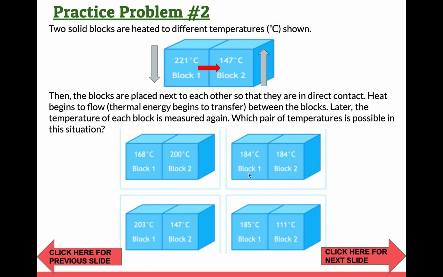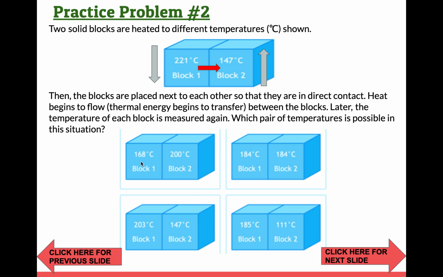So which one shows us a possible result? Well, if block 1 has to lose thermal energy, it cannot be 221 degrees anymore. It has to go down. And if block 2 increases in thermal energy, it can't be 147 anymore. It has to go up. But the trick is block 2 is not going to get as hot as block 1 used to be because they're sharing that energy.